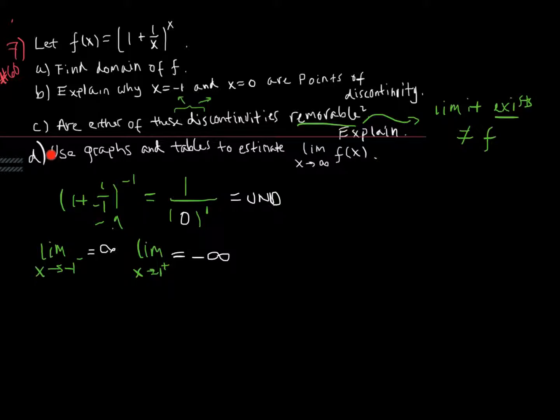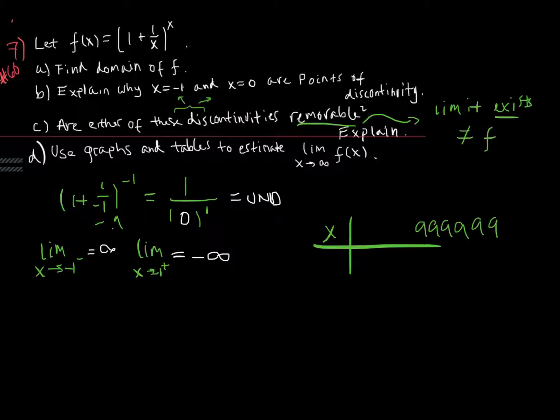All right? Next, you want to use graphs and tables to estimate the limit as x approaches infinity of this function. And this is really, really interesting. So I encourage you to go on Wolfram Alpha or your calculator and graph this and look at really big x values, and then make a table of values that get very, very large.